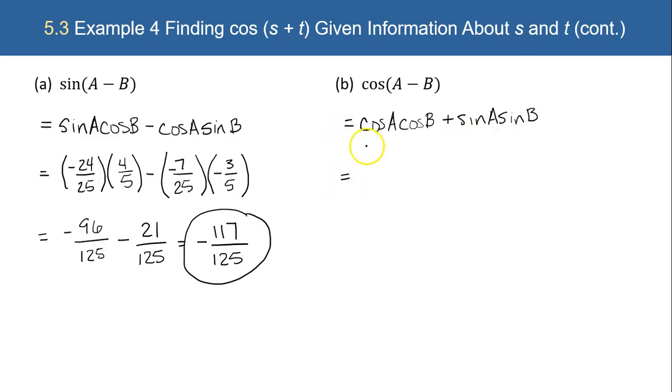Now cosine of A, we know, is negative 7 over 25. Cosine of B, that is 4 over 5. And then sine of A is negative 24, oops, not 25, 24 over 25.